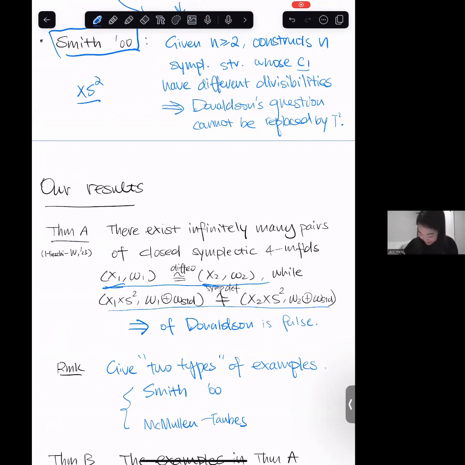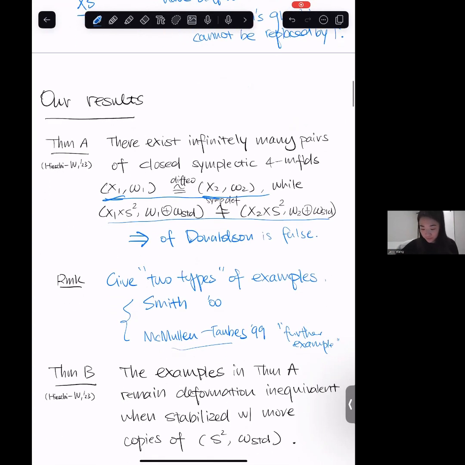I think it was 99 or around that time. So this is a further example in their paper, which is actually not simply connected.